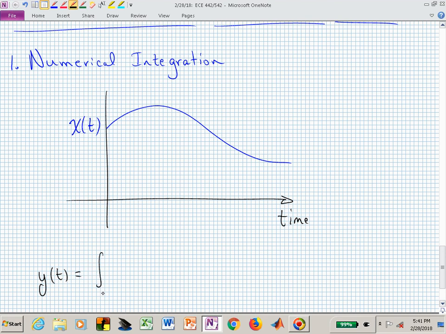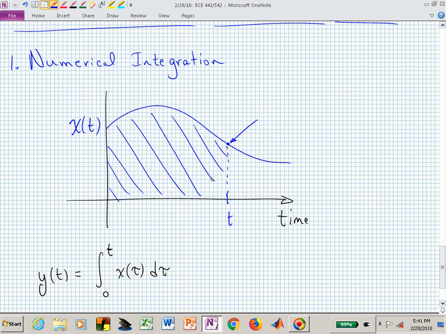Or you could say, let's look at y of t being this integral from 0 up to some time t of x of tau d tau. Where now we could say, here is t. This value right there will actually be x of t, and we want to know what does this actually look like in terms of y of t.